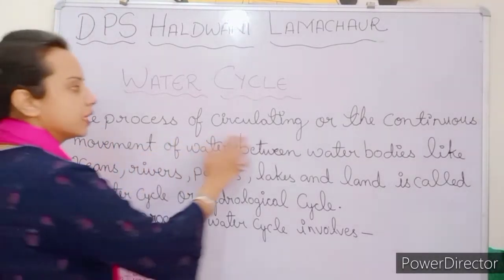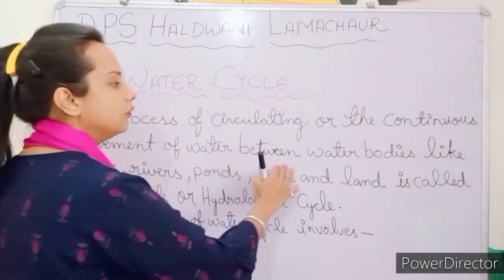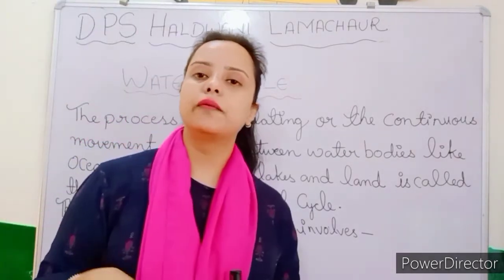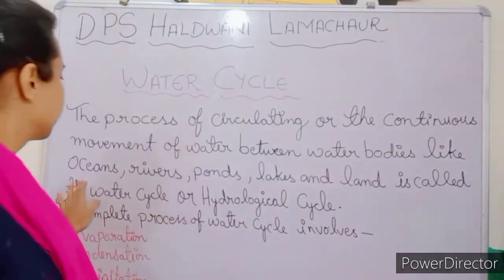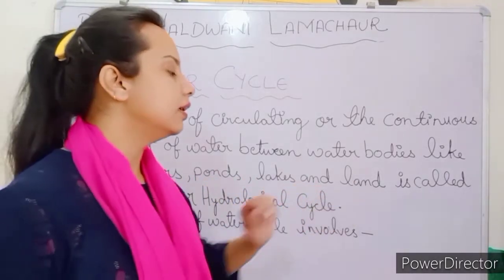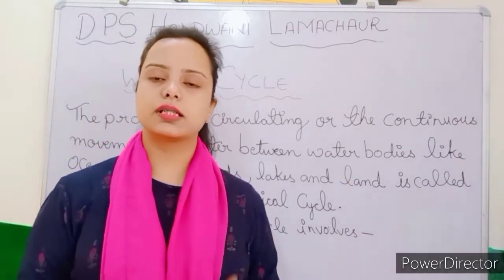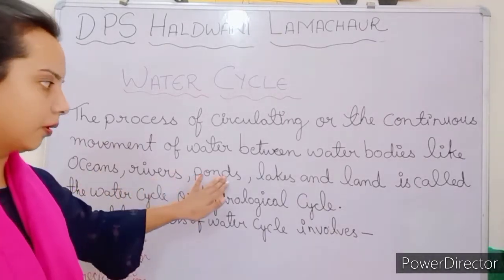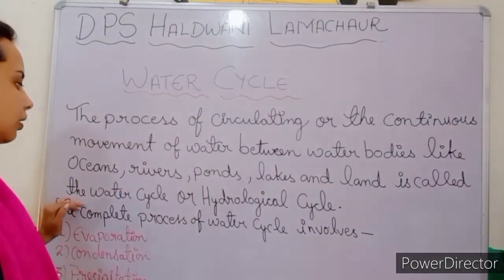The process of circulating or the continuous movement of water between water bodies like oceans, rivers, ponds, lakes and land is called the water cycle. So students, these are the water bodies, where the water is present.